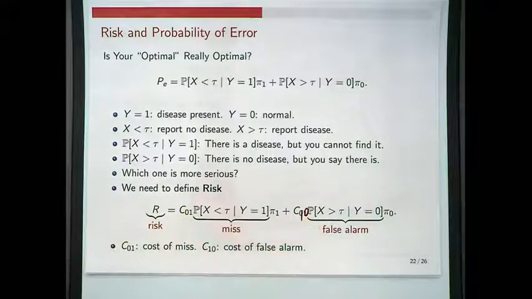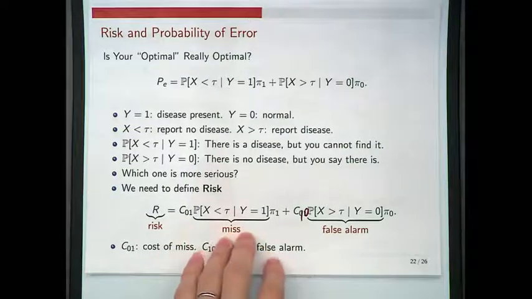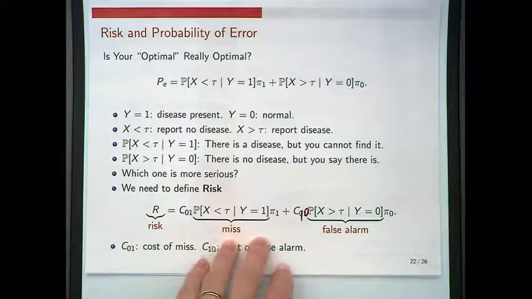That would define the risk, and that risk is actually the thing that you care about. Every problem should have its own risk. If you're working on airplane problems, the aircraft, and you want to locate the direction of the aircraft, the miss will be very important, because if you miss that, that would be a catastrophic problem.